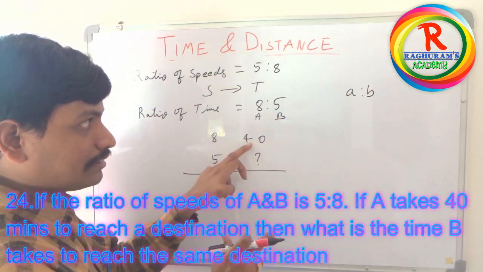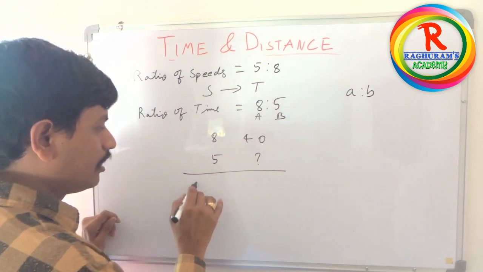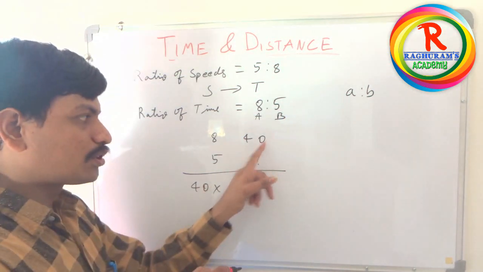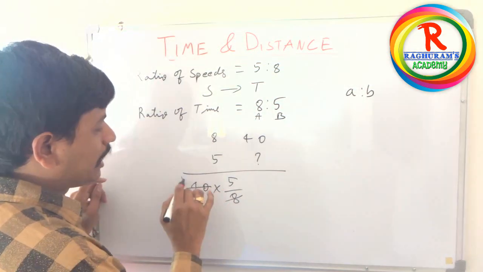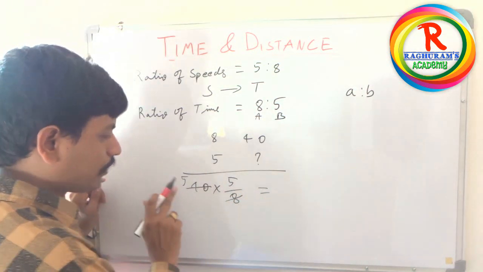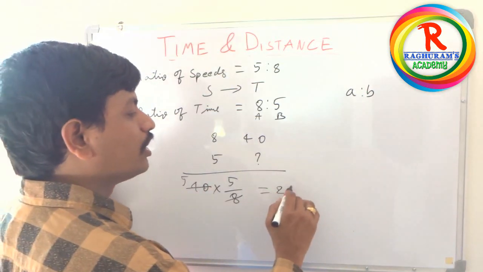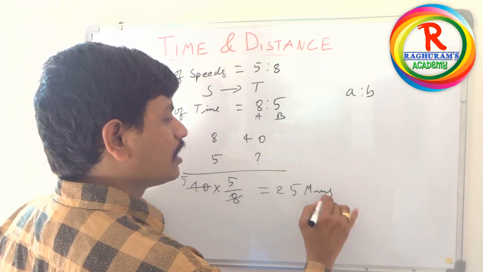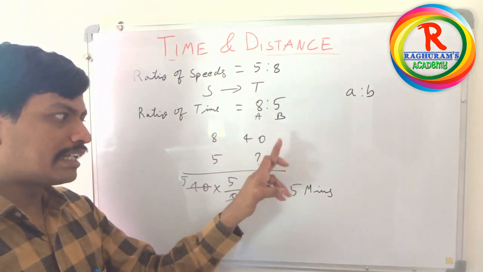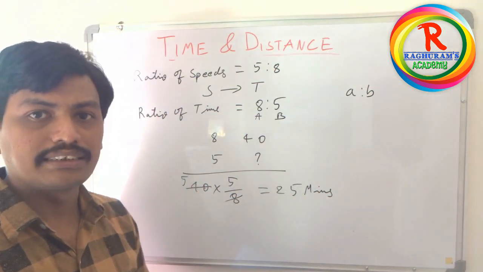A took 40 minutes, then what is B? Always we take the number above the question mark, and the reciprocal of this one is 5/8. 8 5s are 40. 5 5s are 25. What is 25? Minutes. So if A takes 40 minutes, then B takes 25 minutes.